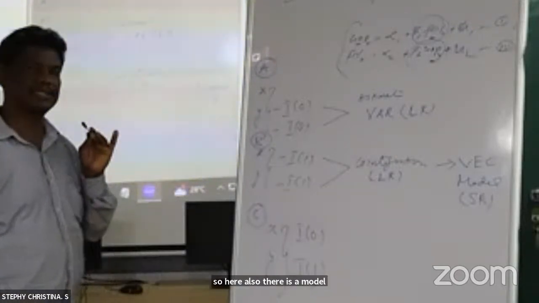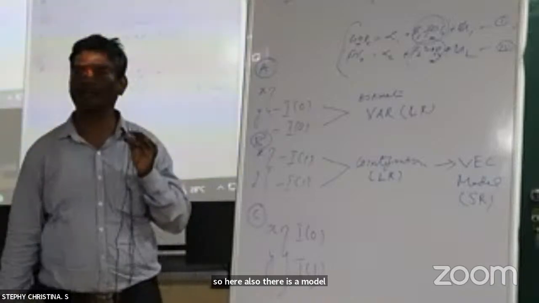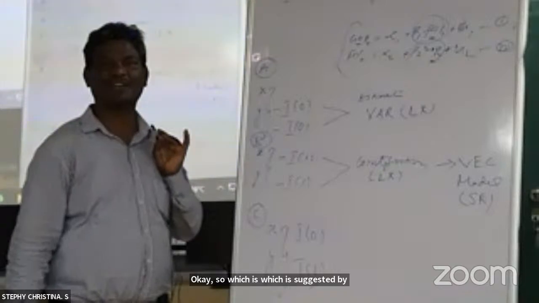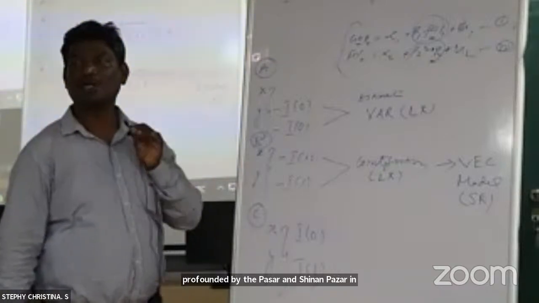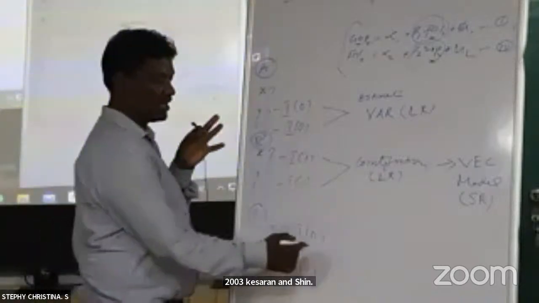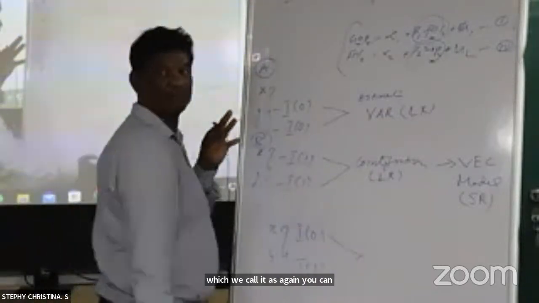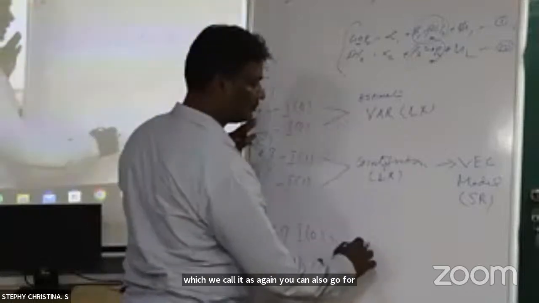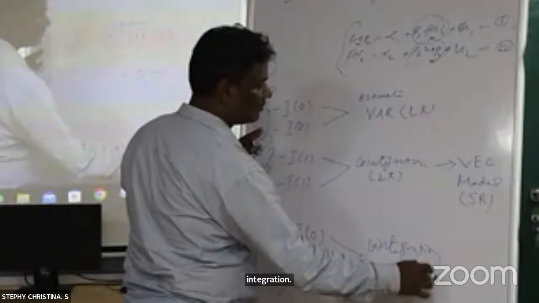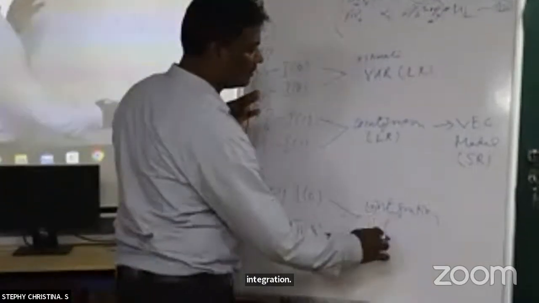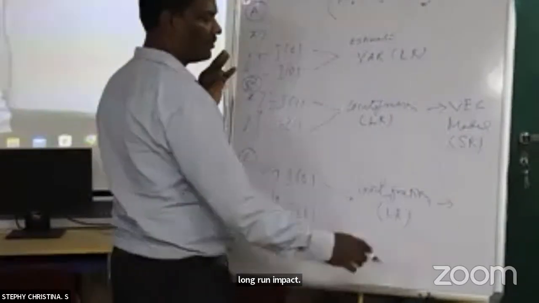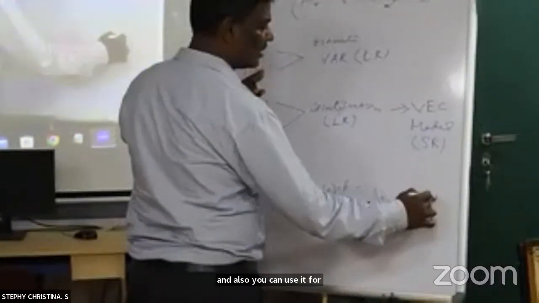It was propounded by Pesaran and Shin and Pesaran in the year 2003. Again, you can also go for co-integration, the latest one, for the long run impact, and also you can go with the VEC.